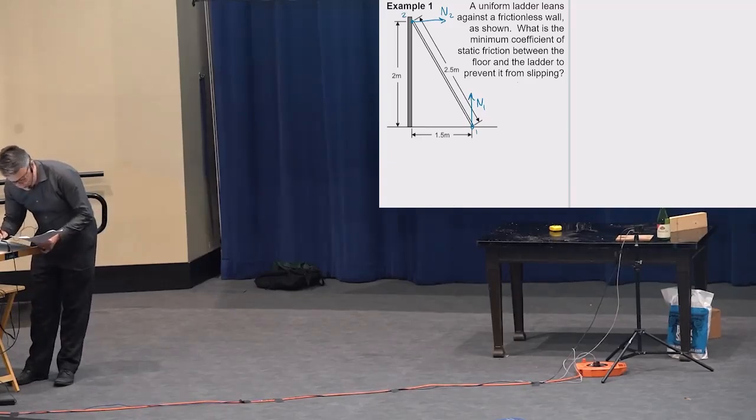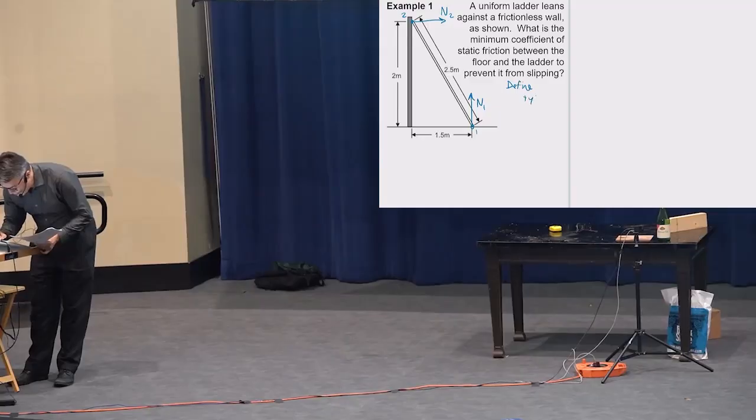Okay, so let's also define plus y to be up, plus x to be towards the right. I'll just mention here that point 1, we'll call that the base, and we'll call point 2 as the top of the ladder. Okay. The wall is frictionless. Says in the question.